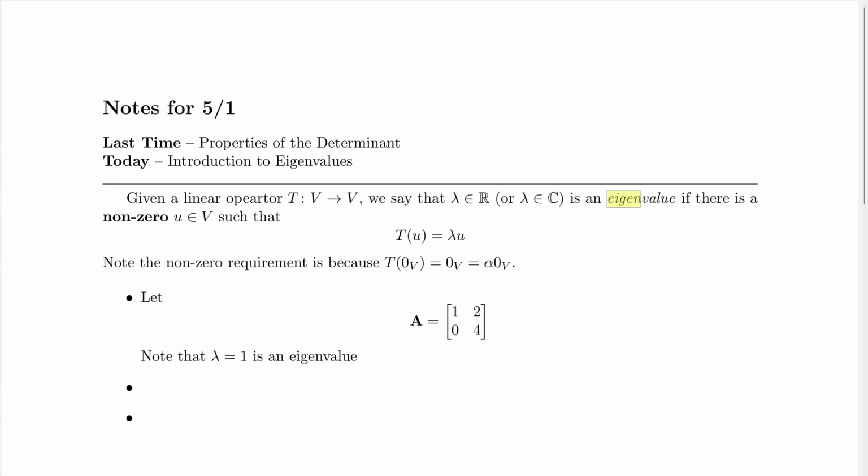Now, in order to do that, I need to explain to you why there is a non-zero u, so that when I apply u to the linear transform here, now remember, if you have a matrix, the linear transform is matrix multiplication. What is the vector u that's going to work here? Well, this one, there's kind of a cheapo answer.